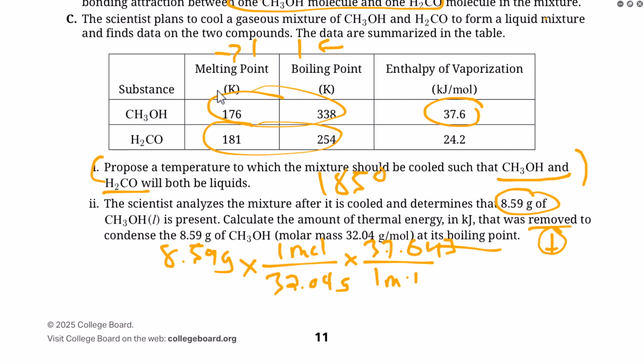So just do a little bit of math here: 8.59 divided by 32.04 times 37.6. So I end up with 10.1 kilojoules being removed. I always like to include that word there because that implies we're taking it out in order to condense it at its boiling point. So we're going from a gas to a liquid. We're taking out that amount of kilojoules of energy.